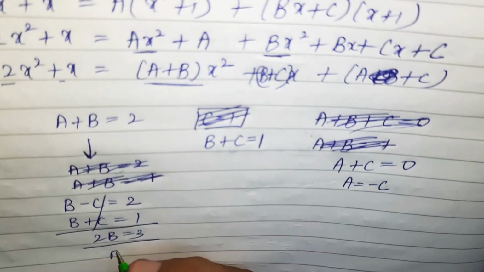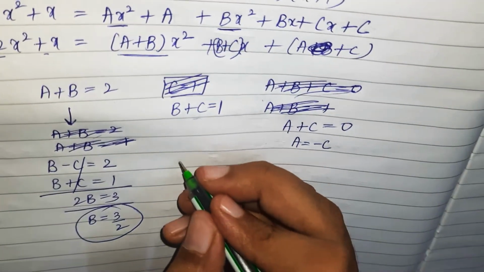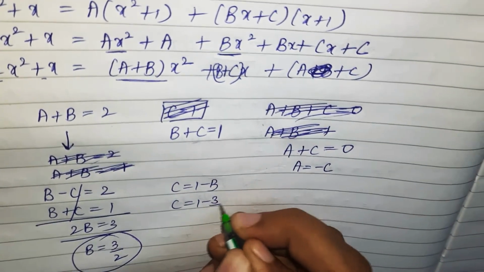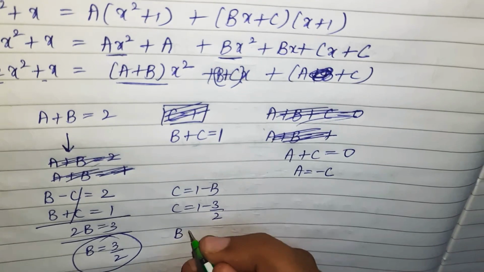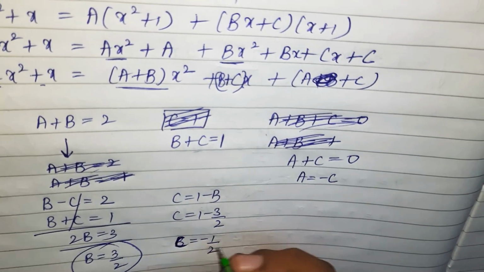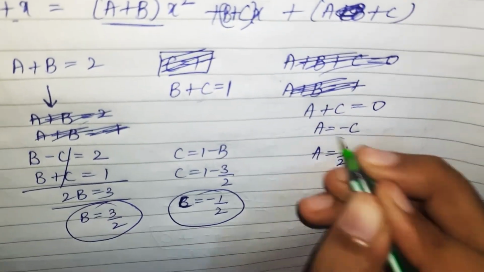I am getting b as 3 by 2. From here c will become 1 minus b, so c is 1 minus 3 by 2, which is minus 1 by 2, and a will become 1 by 2.